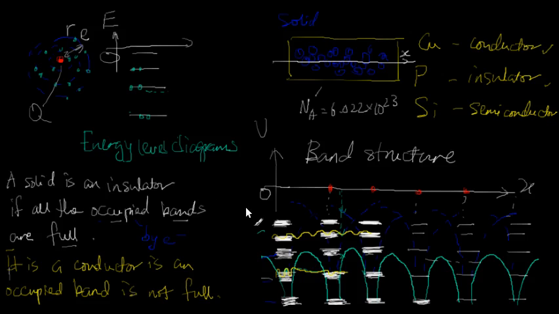Now let me redraw this picture in a way that is simpler, that is more commonly shown. Having to draw all these potentials and lots of energy levels for each atom is a bit troublesome.